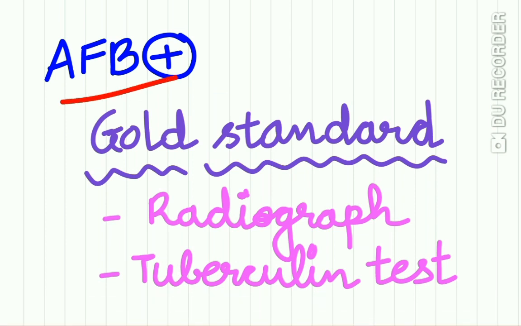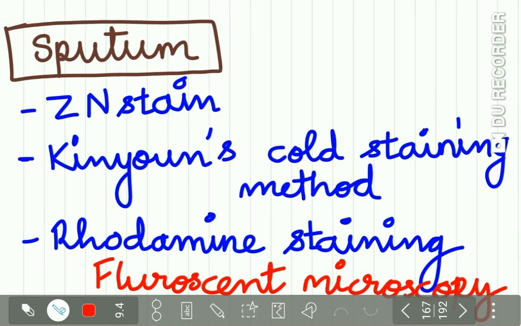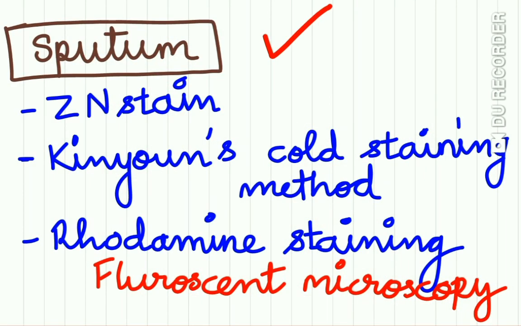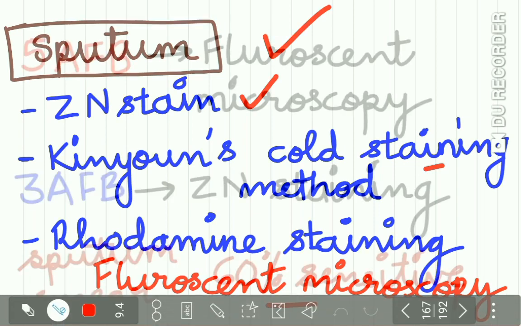The Mycobacterium tuberculosis is an acid-fast bacilli, and the gold standard for the diagnosis of tuberculosis is by radiograph or tuberculin test. The sputum may be stained for the Ziehl-Neelsen stain, Kinyoun's cold staining method, and rhodamine staining followed by fluorescent microscopy may be useful.